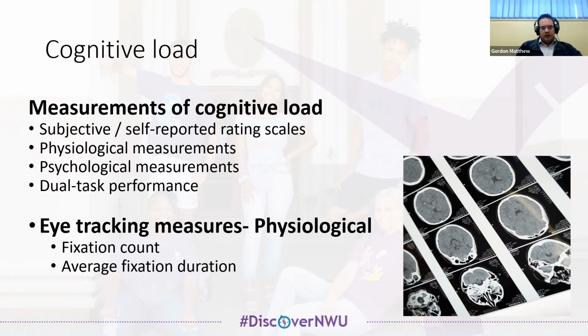Then physiological measurements are, in this case, eye tracking, heart rate monitors, skin conductivity, anything to do with the human body. Then psychological measurements are EEGs, fMRIs, so all brain activity related measurements.